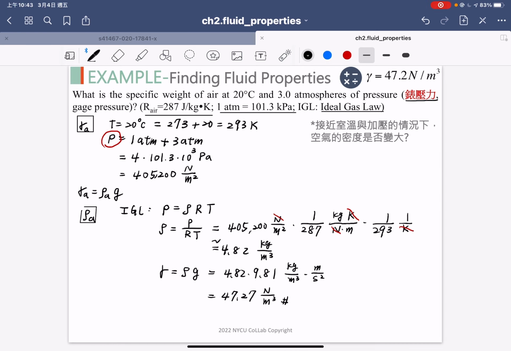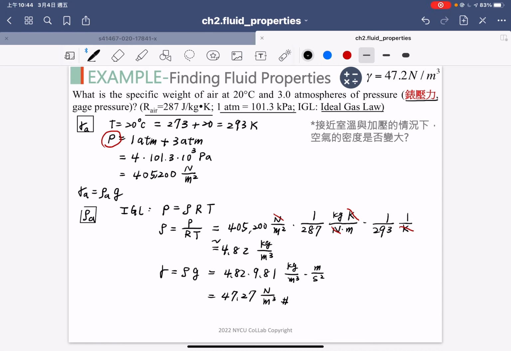Okay, so that's a very easy problem, just to figure out. You need to understand your condition first. What are the conditions for this problem? The temperature and the pressure. So for your air under different temperature and pressure, the density will be different, right?